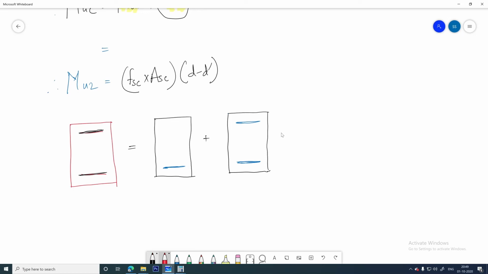And here this is AST1, here it is AST2, and here it is ASC. So previously we have already taken this AST2, now we consider this ASC.